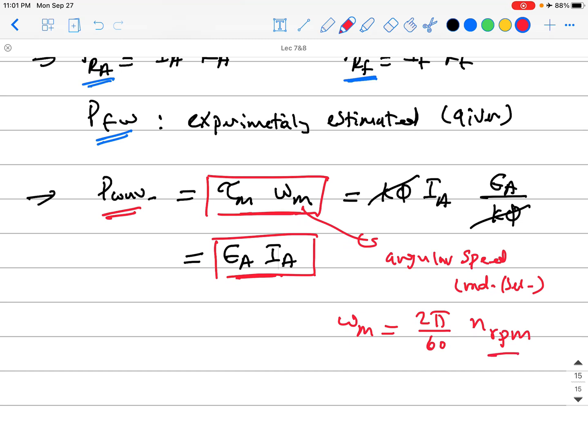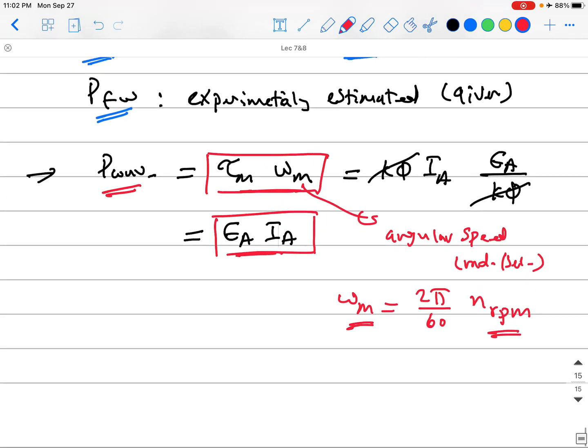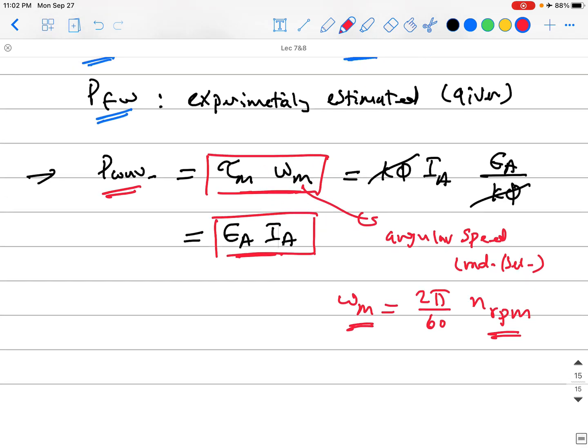The n rpm is the speed in revolutions per minute, and it's more convenient to express the speed of any rotating machine by the number of revolutions it makes in a single minute. So most of the time you will know this value. To convert it to omega m, which you need in all the equations we derived, you just multiply by 2 pi over 60. Okay, guys? So this is how to calculate the converted power.